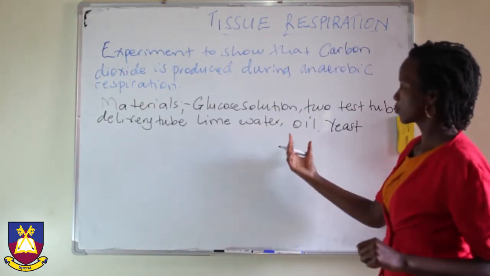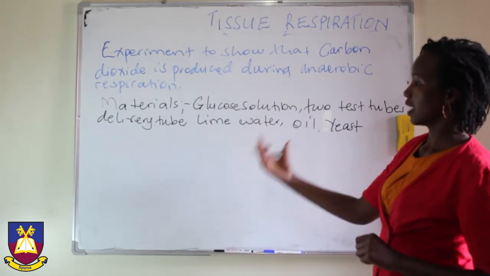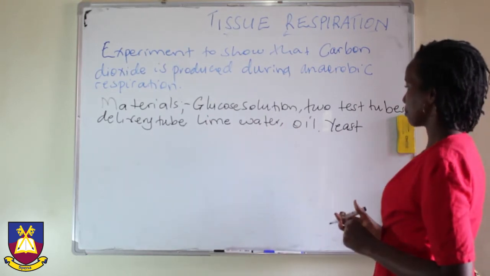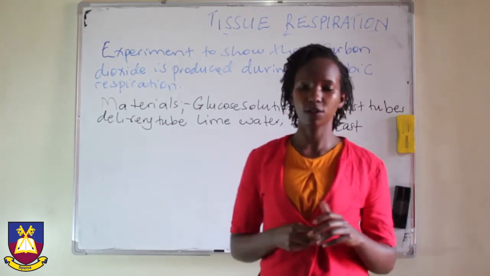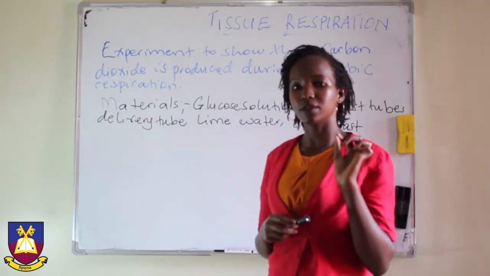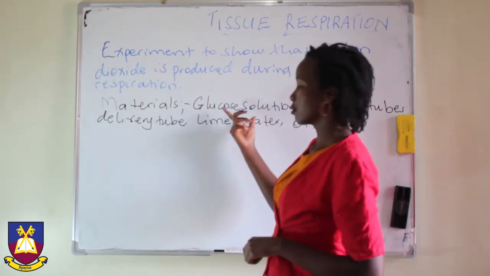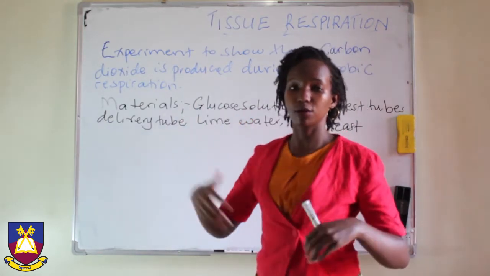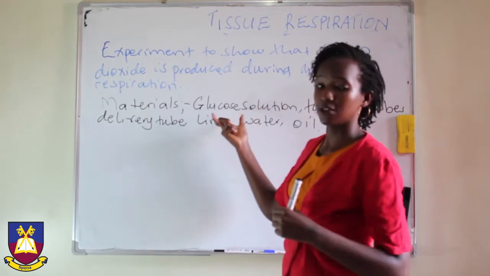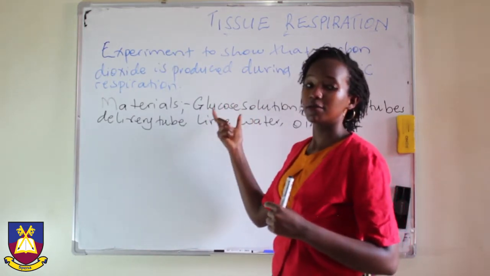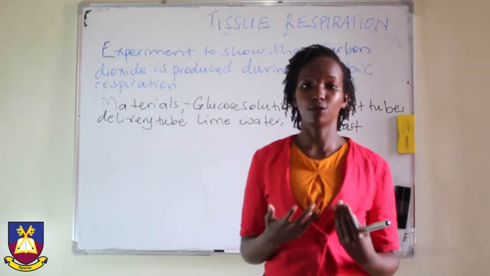We shall need a glucose solution, 2 test tubes, a delivery tube, lime water, oil, and yeast. We shall know how to use each of these. First and foremost, we boil the glucose solution to drive out all oxygen, because yeast does better without oxygen. Actually, it drives out all the air from the solution.